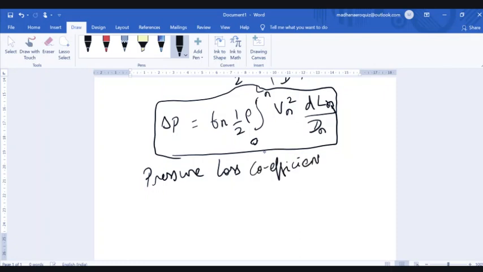This pressure loss coefficient is nothing but a pressure ratio: how much the pressure coefficient is and how much it loses. That is our ultimate aim to find out. So it is nothing but K equal to delta P by Q, and you know Q is the dynamic pressure.